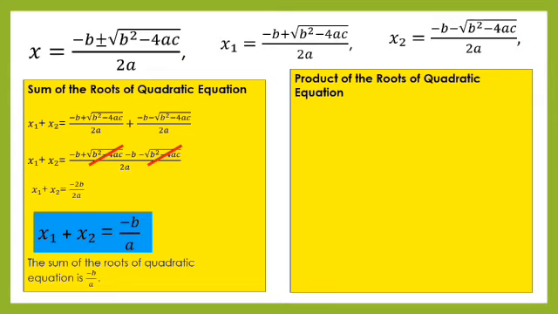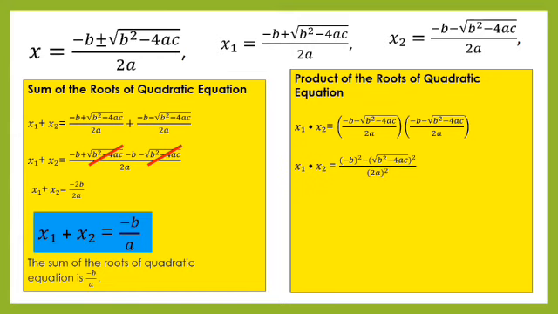Let's now have the product of the roots of quadratic equation. We now have x sub 1 times x sub 2. This is our x sub 1 and this is our x sub 2. We now multiply the denominators. As you can see, this is a product of the sum and difference of binomial.